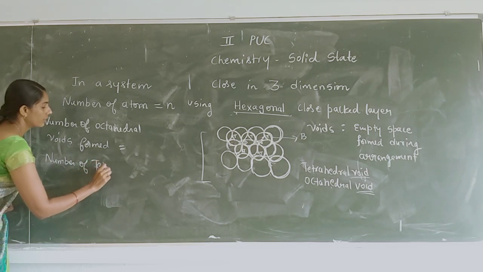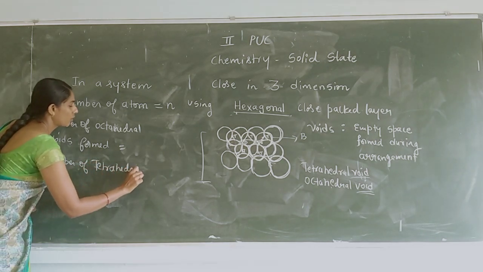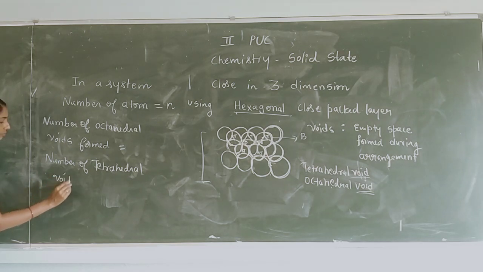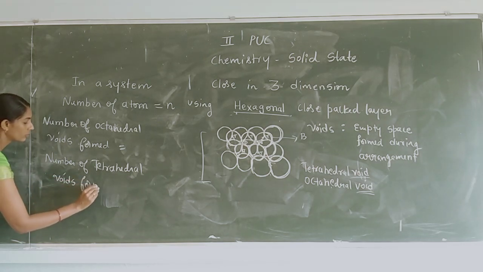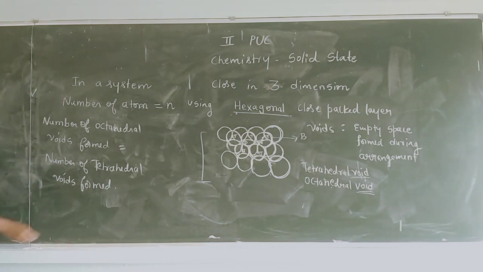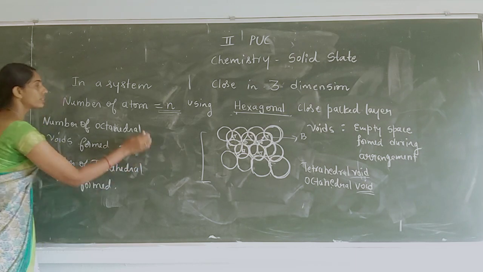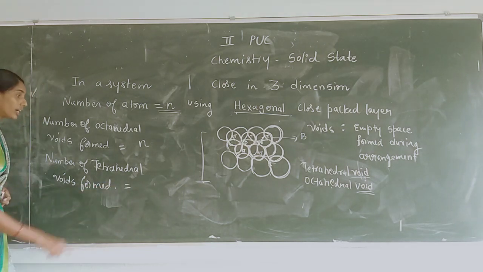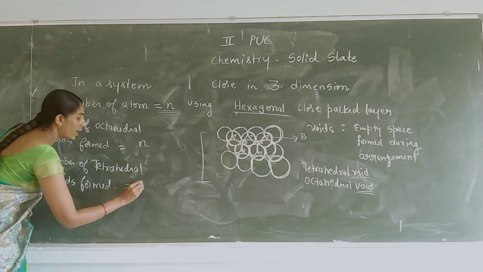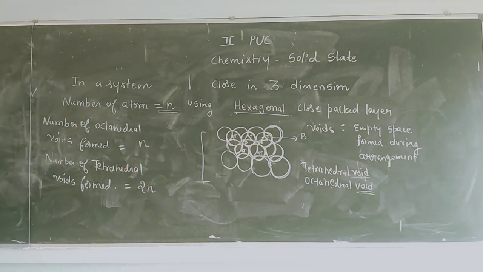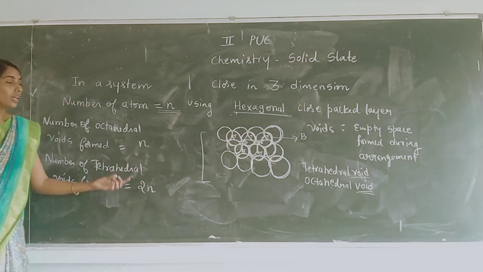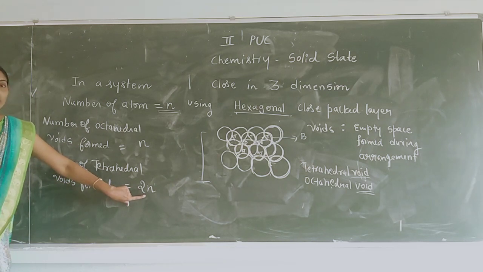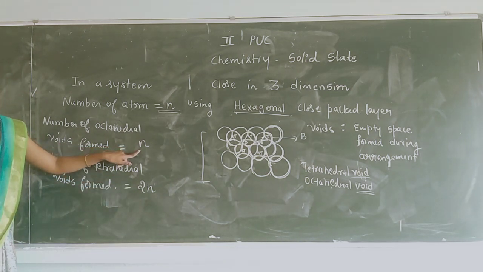If n is the number of atoms, the number of octahedral voids formed is equal to n itself. That means as many atoms as there are, that many octahedral voids are formed. And double that number of tetrahedral voids are formed. I already showed you that two tetrahedral voids joined give one octahedral void.